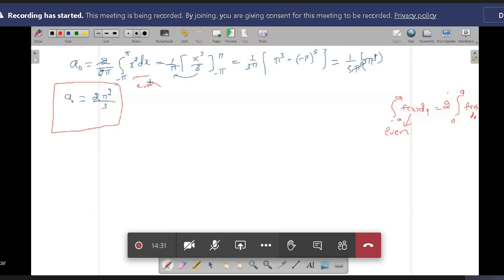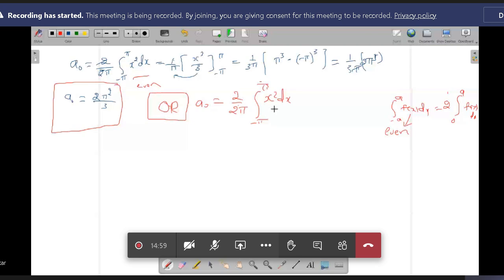Since it is even, a naught I can directly write as 2 by 2 pi integration from minus pi to pi x squared into dx. Since x squared is even, instead of considering minus pi to pi, I can consider 2 times 0 to pi.